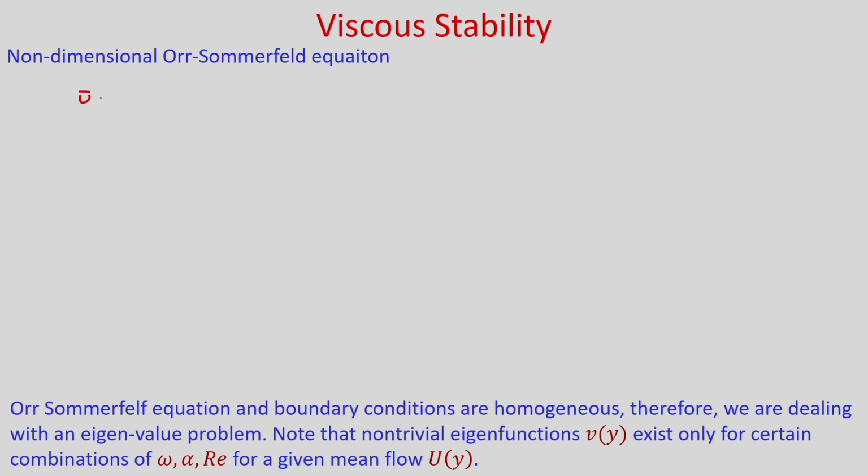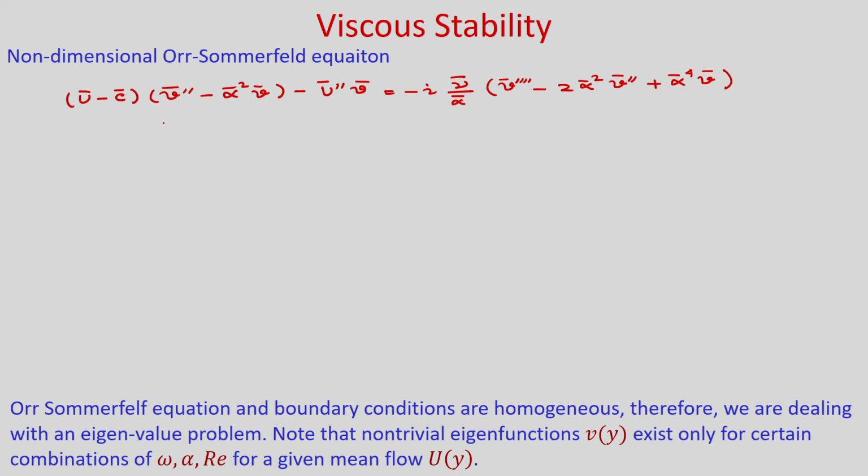So, it was (u bar minus c bar) v double prime bar minus alpha bar square v bar, minus u double prime bar v bar, is equal to minus i nu bar by alpha bar, times v bar fourth derivative minus 2 alpha bar square v double prime bar plus alpha to the power 4 v bar.